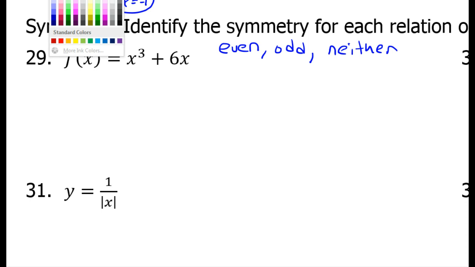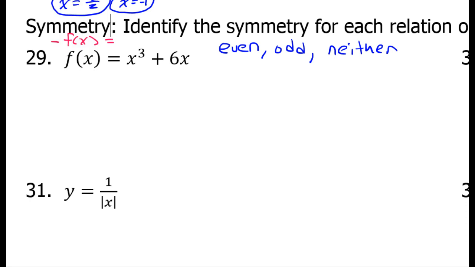Another version is f of negative x. And of course we will have the original function f of x. Once you compare f of negative x to the original function and the opposite function, you can tell whether it's even, odd, or neither.